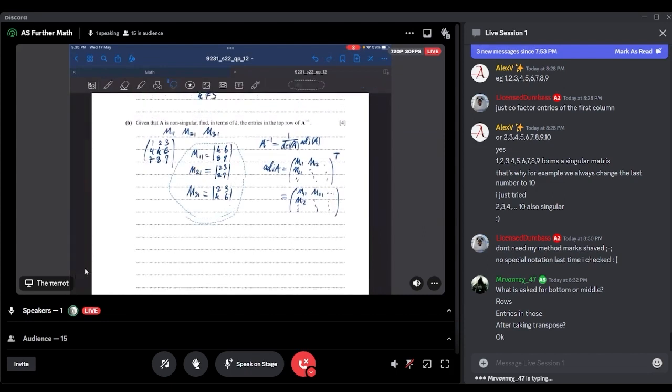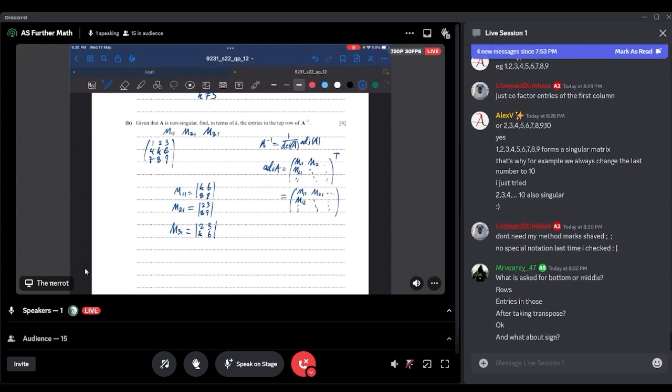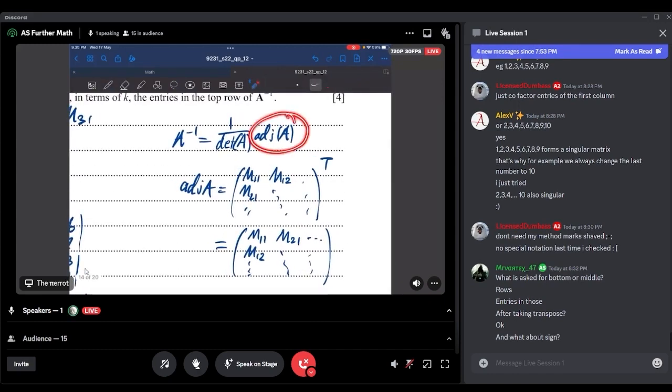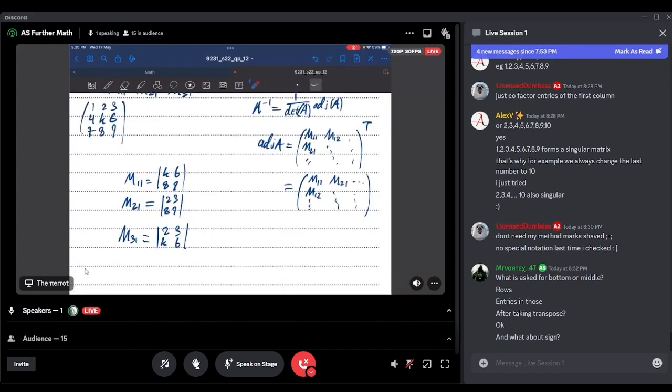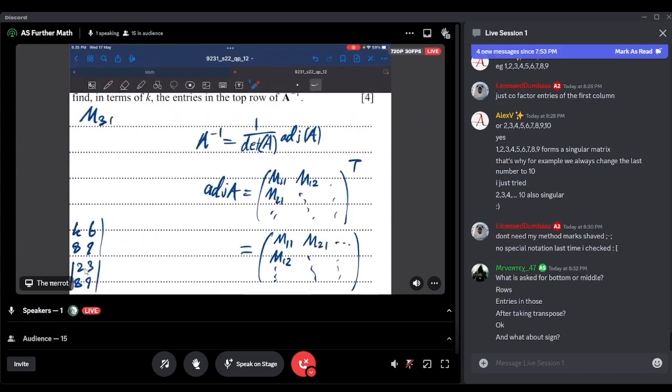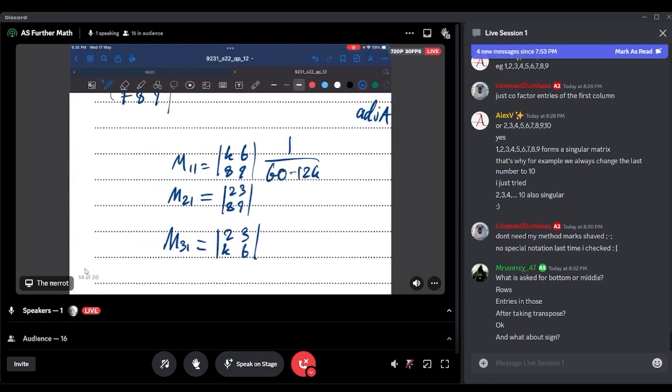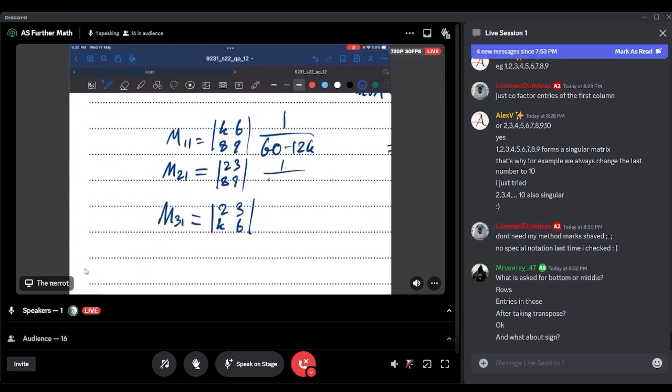So how do you find the top row? Well, the entries of the row. As you remember, we have the adjoint matrix. So we already have the terms in the adjoint matrix here. All we have to do is divide by the determinant. So you just have to multiply by 60 minus 12k over 60 minus 12k on both sides.